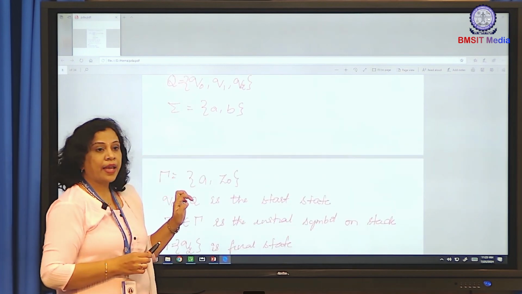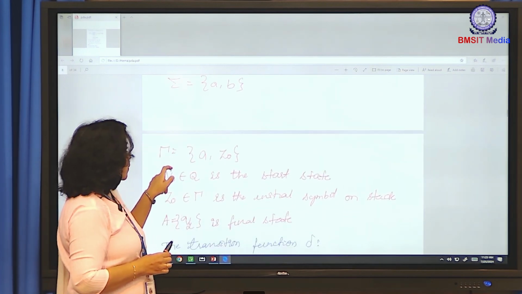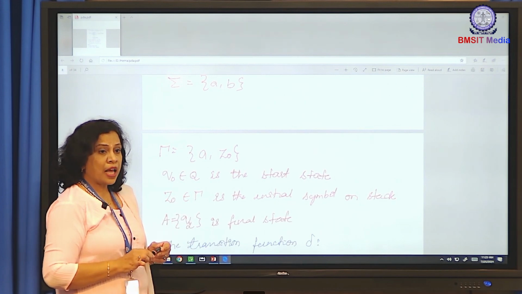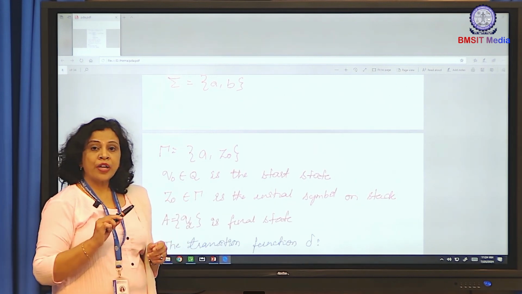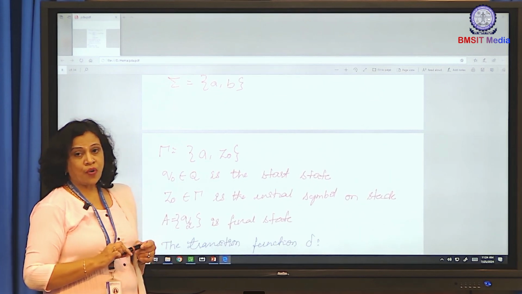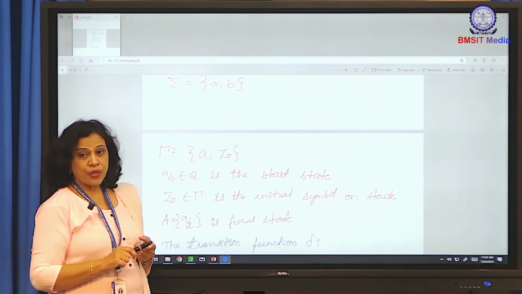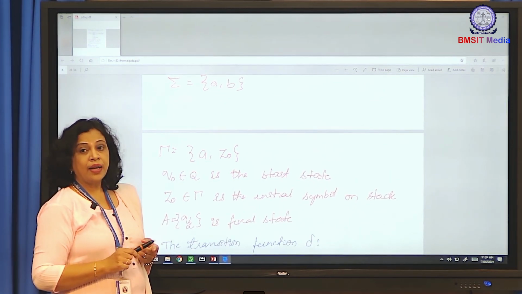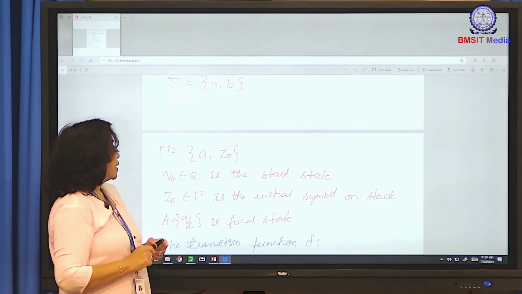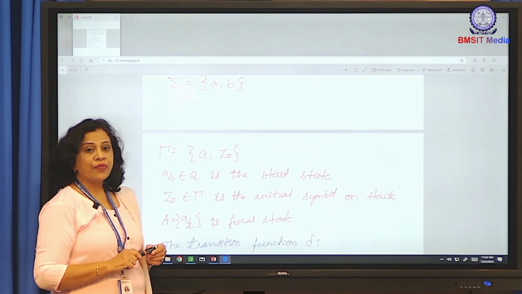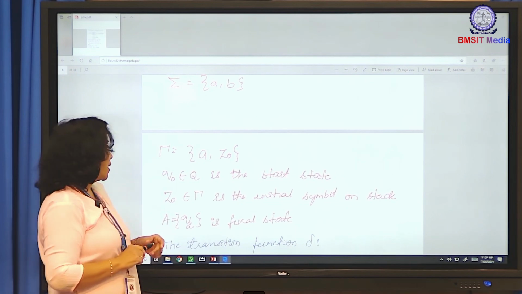Sigma equals A comma B, the input alphabets. Tau is the stack alphabets, whatever gets into the stack. So what did we push? Z0 was already there, and then we pushed only A's. B's we didn't push. That is the reason tau equals A comma Z0.